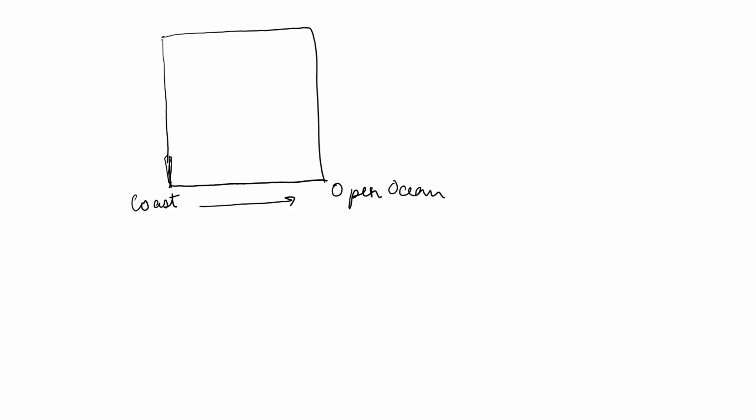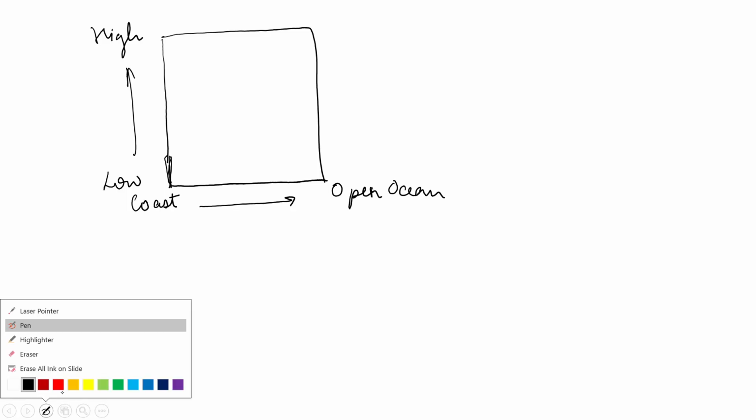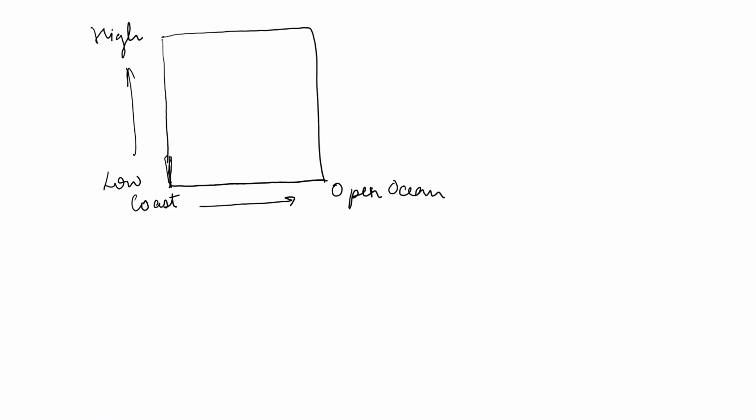We just saw that due to turbidity, sunlight penetrates to a lesser distance in the coastal regions. As a result, we have lesser solar radiation. And in the open ocean, due to clearer waters, we have more solar radiation.